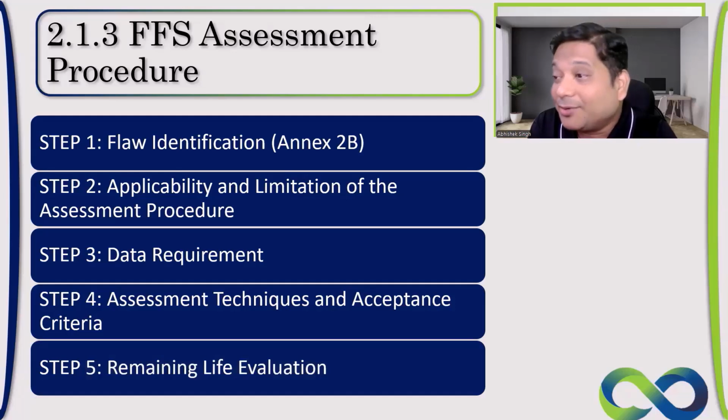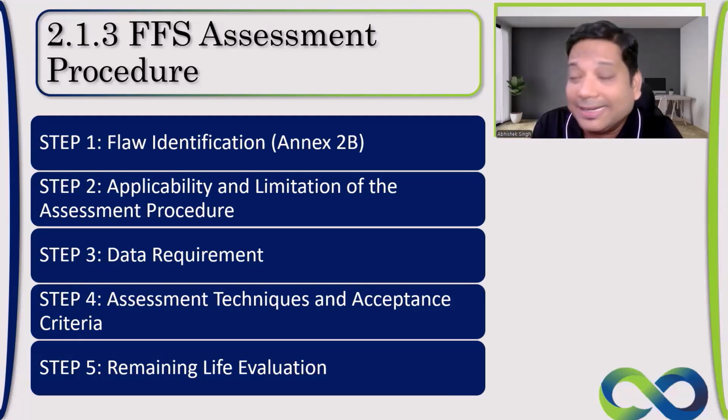Step 5: remaining life evaluation. Once you have done the assessment, the step-by-step assessment technique is given in API 579. Once a part is applicable, let us say part 3 is applicable, very clearly the step-by-step assessment technique is given. We can follow that, do the assessment, and check with the acceptable limit, again given in the code.